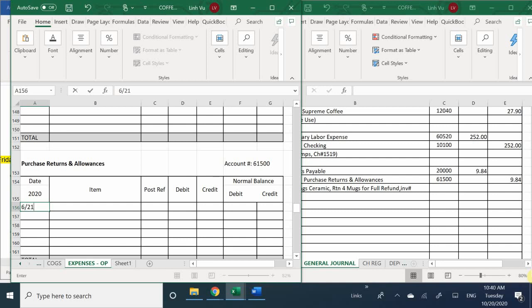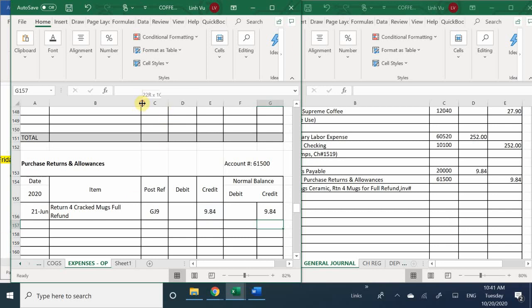In this case, we're making a return. Full refund. Post reference is general journal number 9. Okay, and we're crediting the account by $9.84, making my credit balance $9.84.